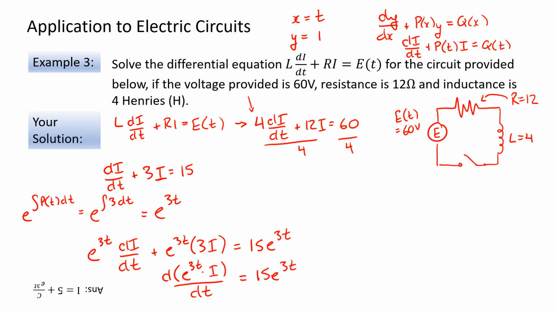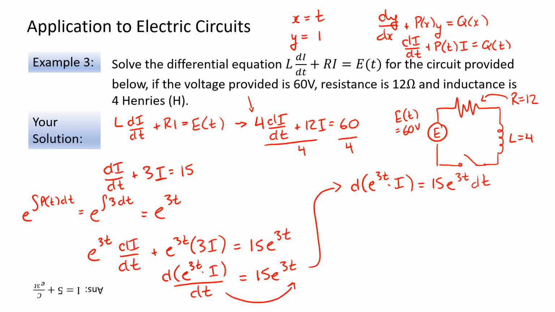3t. Okay, so remember, our next step is to move the dt to the other side. So I'll move it here just so we have some space. And we get derivative of e to the 3t times I is equal to 15 times e to the 3t dt.